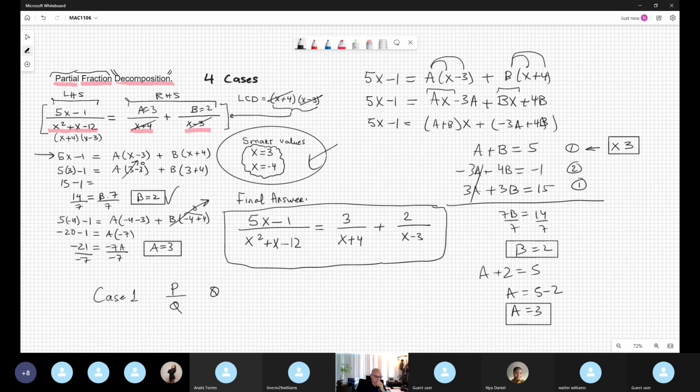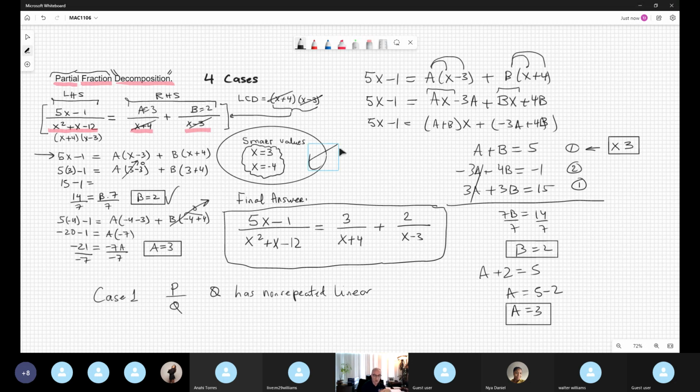What happens? Q has a non-repeated linear factor. But we have more combinations. We have repeated, we have irreducible quadratic or complex, but don't worry. We see examples for everything, step by step. Slow down.